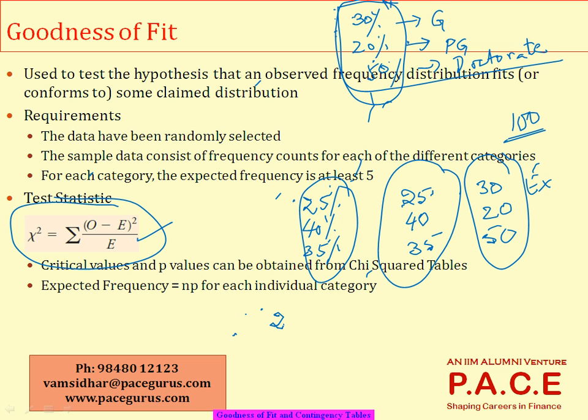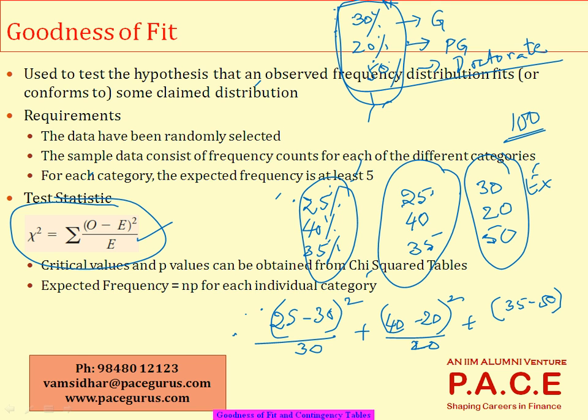So observed is 25 minus expected is 30 whole squared by expected 30, plus observed minus expected whole squared by expected, and observed minus expected whole squared by expected. This is the chi-square statistic for me.